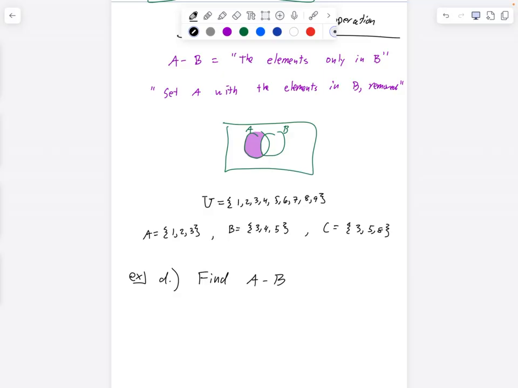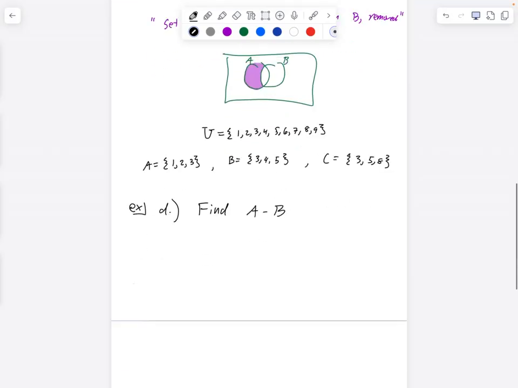What about C minus B? What is the difference set of C minus the elements from B? What elements do B and C share?